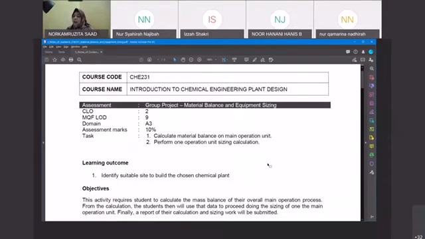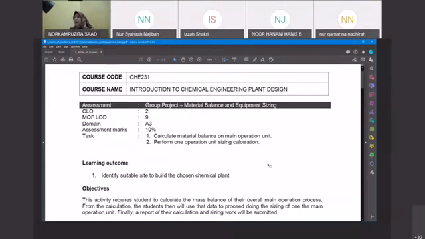Next you learn to determine the height of the column and the diameter of the column. That would be about designing the column, but it also involves the sizing of the column.